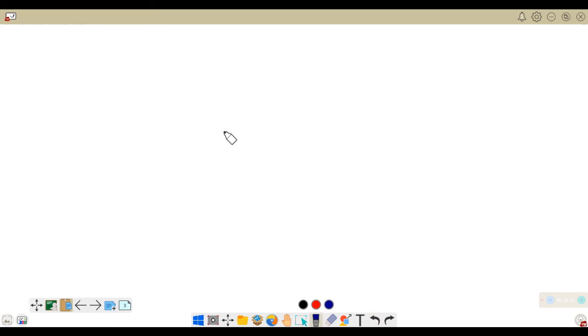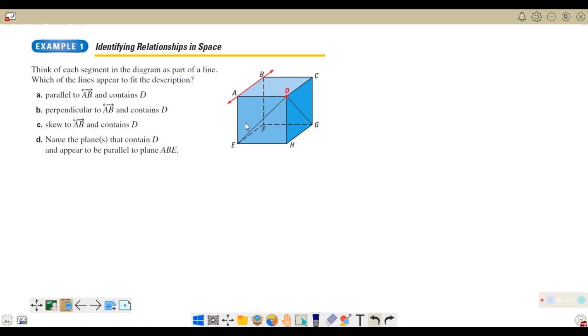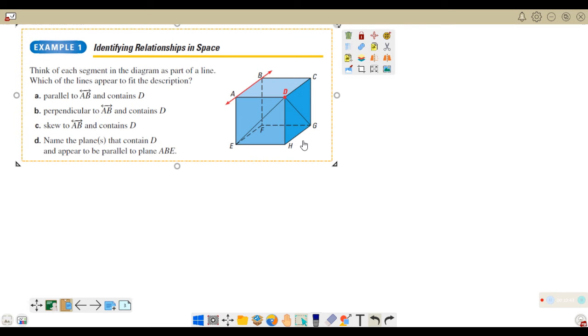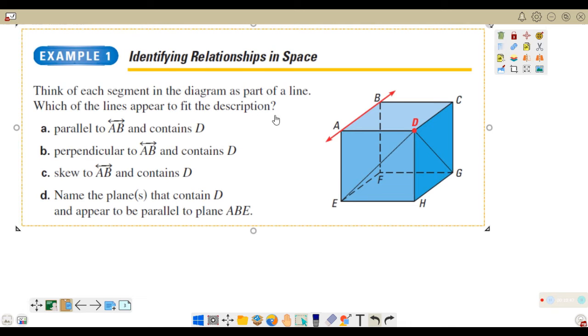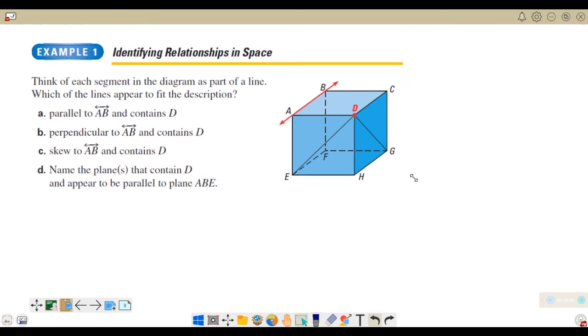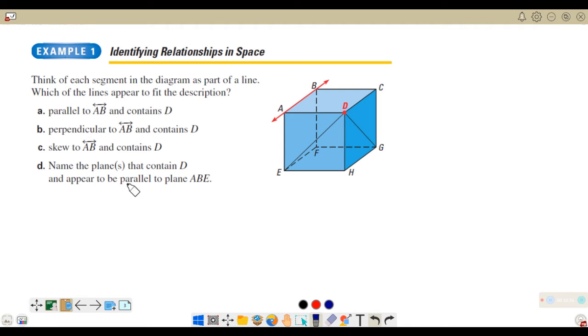Copy natin siya dito sa kabila. Okay. So, unahin natin yung letter A, parallel to AB. Unahin natin yung dito, parallel to AB.